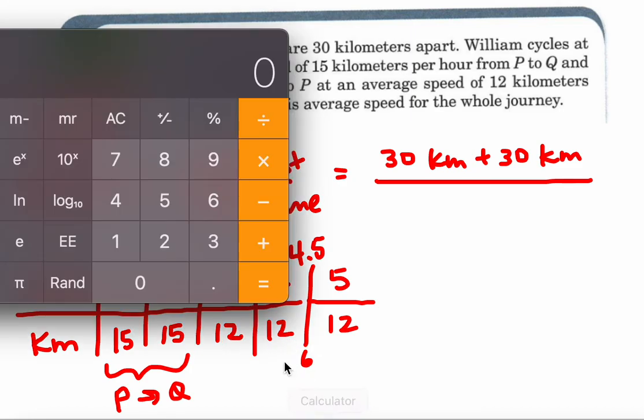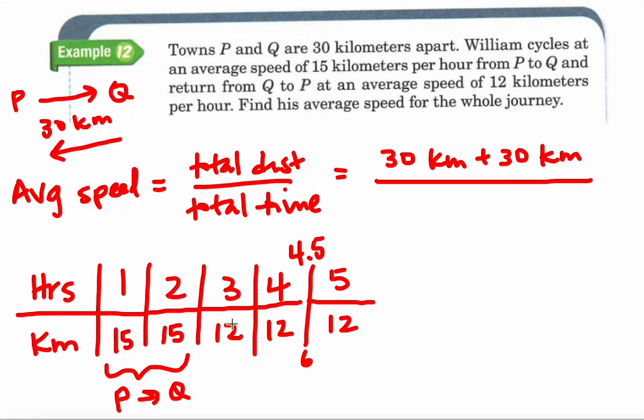Oh, that might do it. 12 plus 12 plus 6. That's 30. That's halfway, right? Because each time he's going 12 kilometers per hour, so then halfway would only be 6. So we just have 4.5 total. And that would get us back to P. So in total, looks like William traveled 4.5 hours.